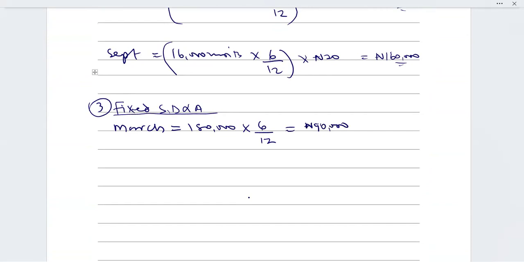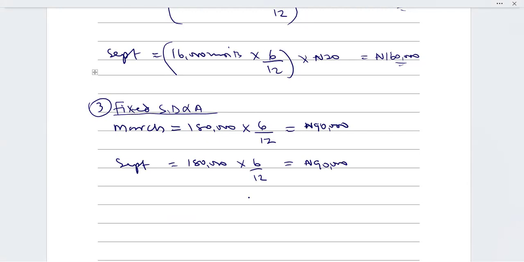That 180,000 is meant for 1 year, and we are calculating for the period ending March and then the period ending September. So you have to multiply by 6 divided by 12 months, which gives us the appropriate numbers. So that's 90,000. Then in September also, 180,000 naira multiplied by 6/12, or you can just say multiply by 50%, which is the same thing as 90,000.